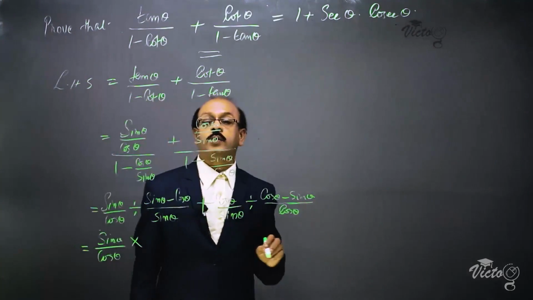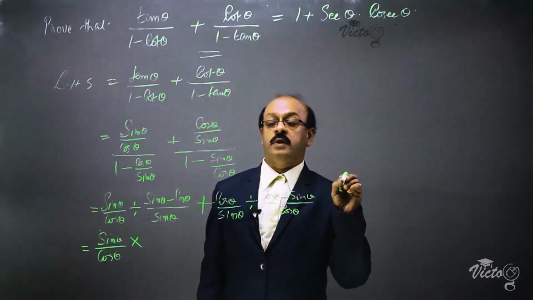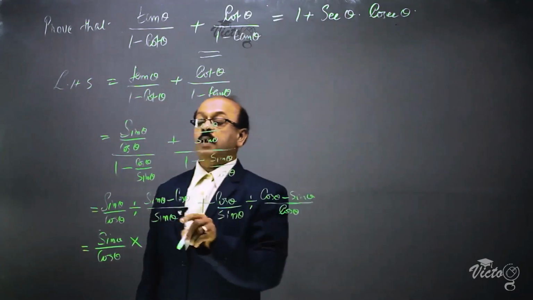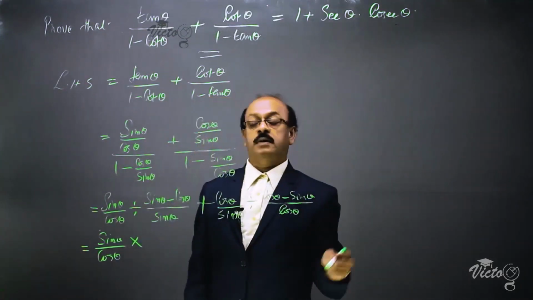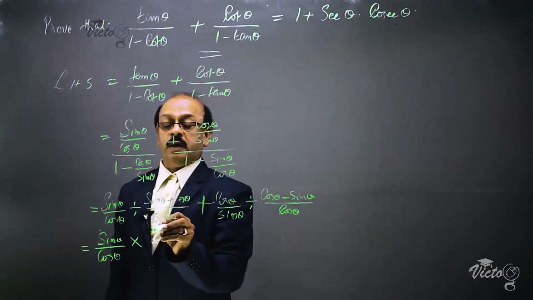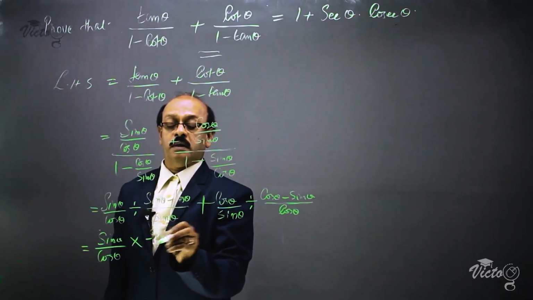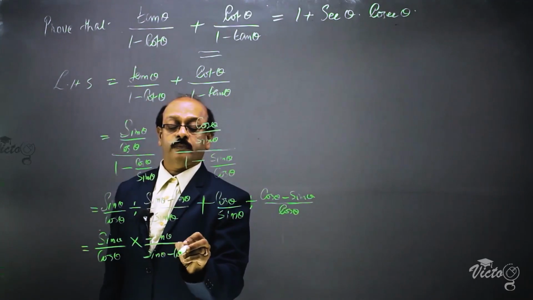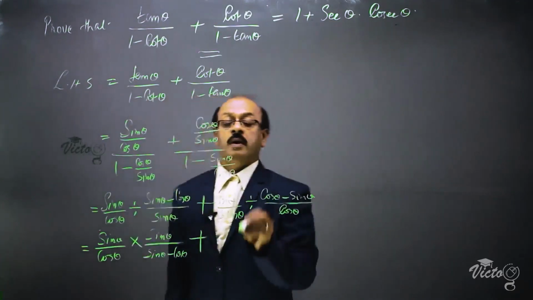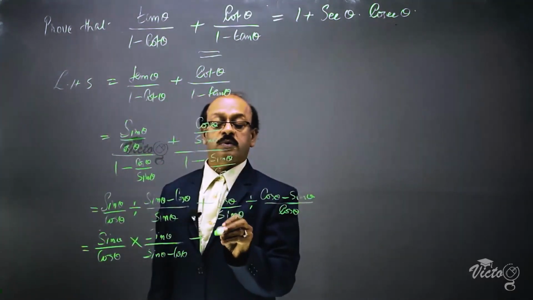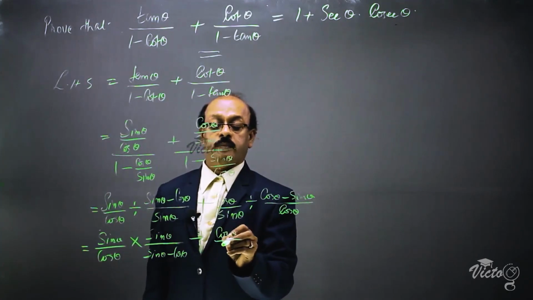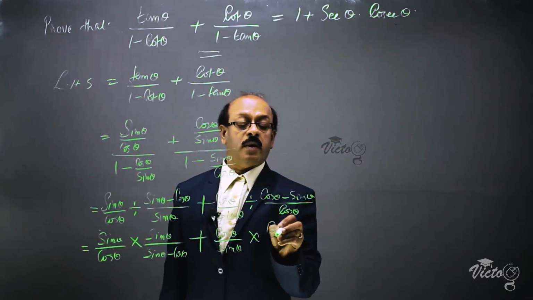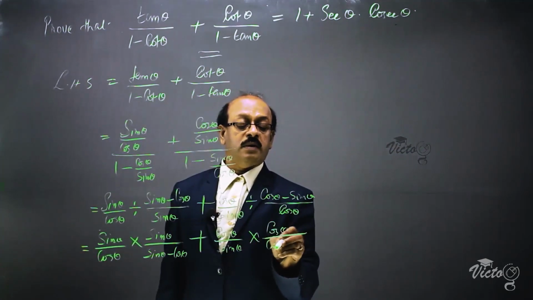The division rule is to multiply by the reciprocal. We have to multiply the first term with the reciprocal of the second term. That is, reciprocal is sin theta divided by sin theta minus cos theta, plus, here also we are using the division rule, cos theta by sin theta multiplying with cos theta divided by cos theta minus sin theta.